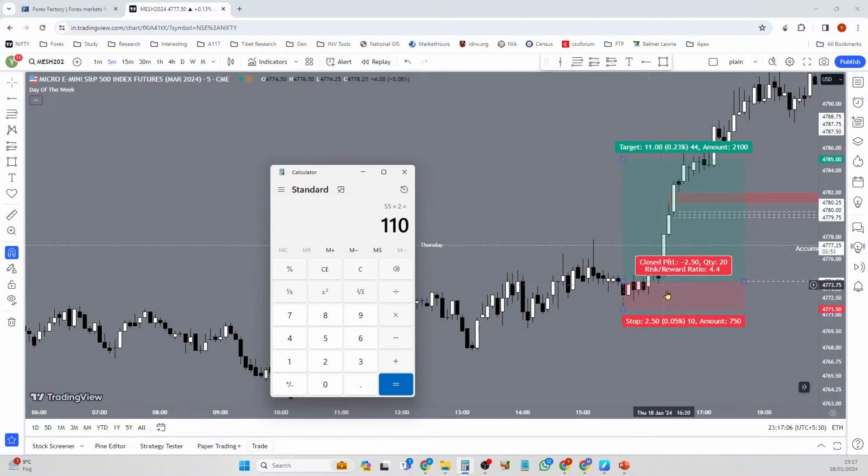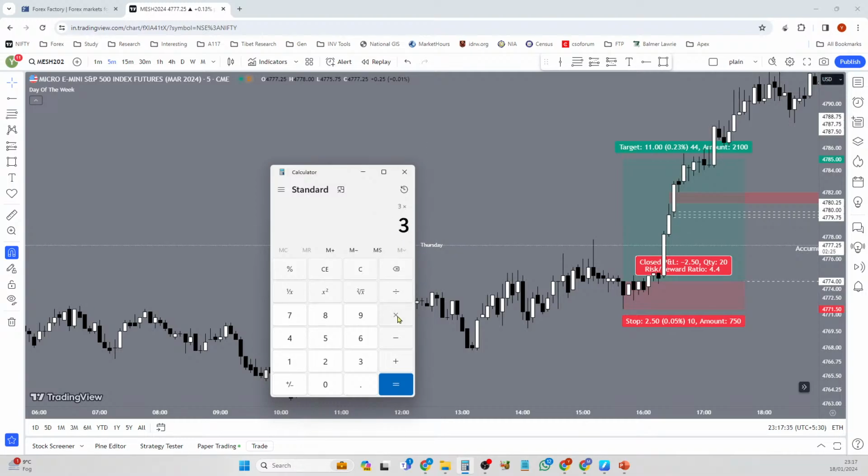Similarly, if it goes against you, like you bought it at 4774 and the price goes down to 4771, you have lost 3 points. So what would be your loss?